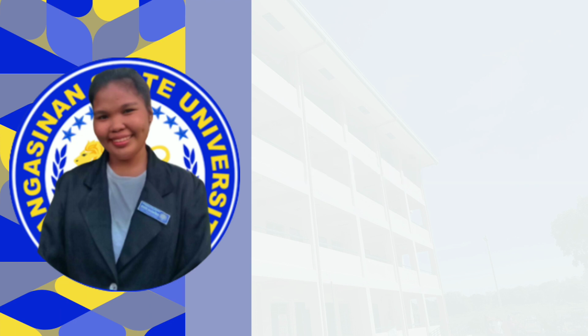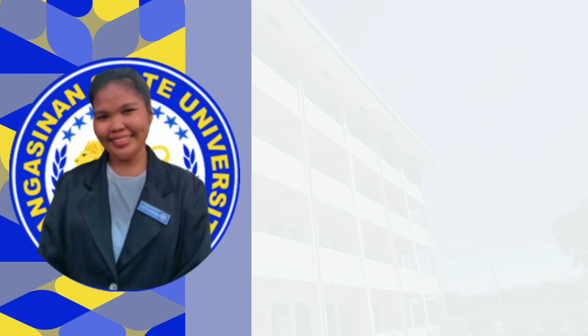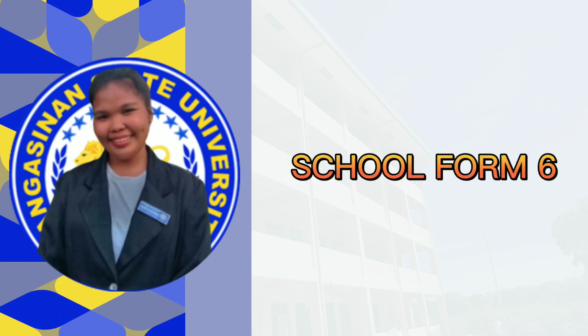Fifth, School Form 5, which is the list of promoted or retained by the class, is to be prepared by the class advisor through the LIS and is scheduled at the end of the year. Next is School Form 6, the summary report on promotion, or the number of promoted or retained by grade level. It is to be prepared by the class advisor through the LIS and is scheduled at the end of the school year.